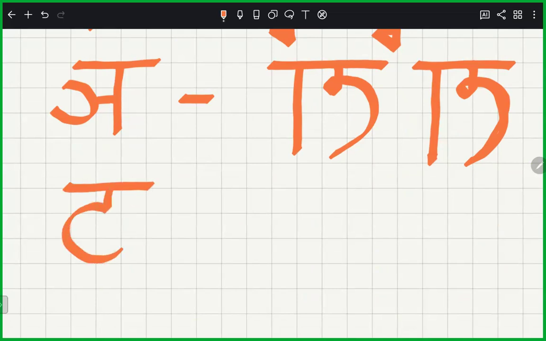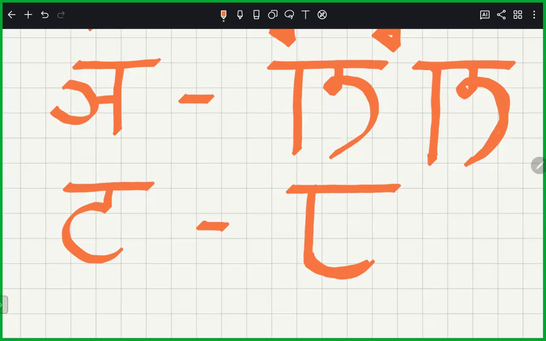This is 'ta'. Now here, if you remember yesterday, we drew the letter 're', correct? So very similar to that, you will draw this loop here. Okay.